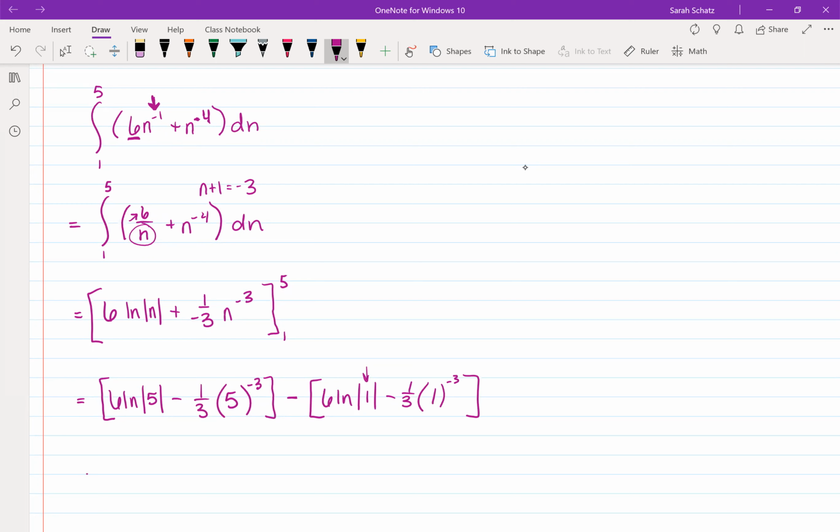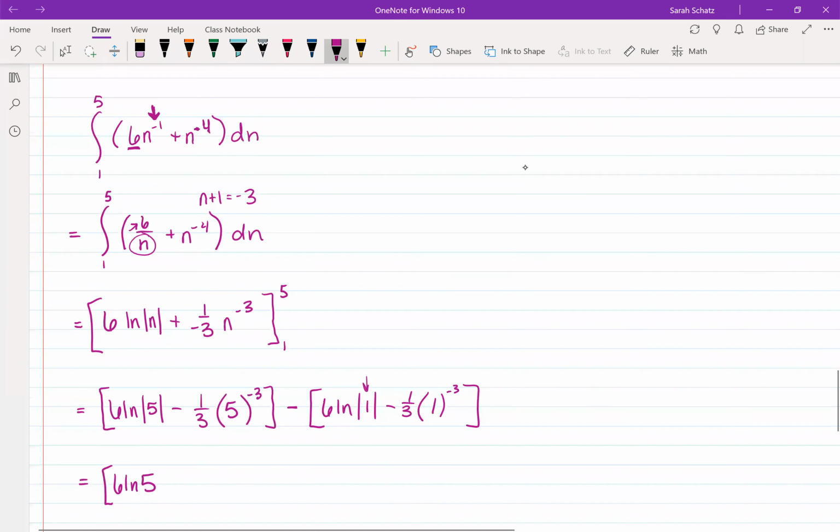Now let's try to simplify within each bracket. I'm going to leave the 6 natural log 5 as 6 natural log 5. If I wanted an exact answer, I would always leave it like that. And even if you want an approximation, you would wait till the very end to do that. So I have 6 natural log 5 minus, now this 5 to the -3 here, it's going to work the same way as that 4 to the -4 we had.